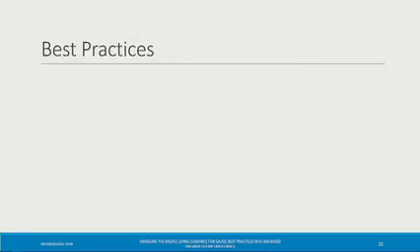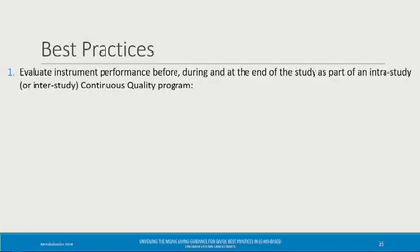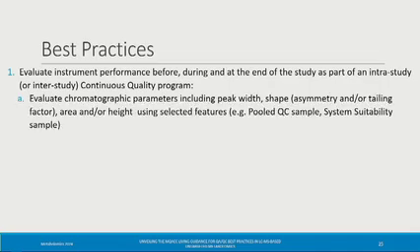So for the pool QC, the best practices would be, first, to evaluate the instrument performance before, during, and at the end of the study as part of an inter-study or intra-study continuous quality program. This will include evaluating the chromatographic parameters, including peak width, shape, the asymmetry and or tailing factor, the area, and or the height using selected features, for example, from the pool QC or the system suitability samples.